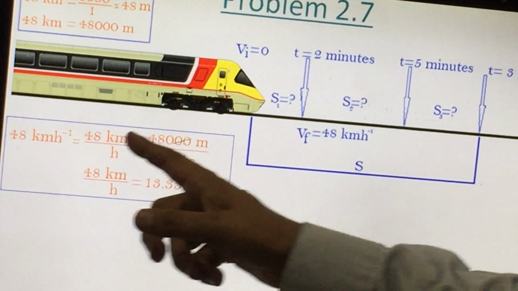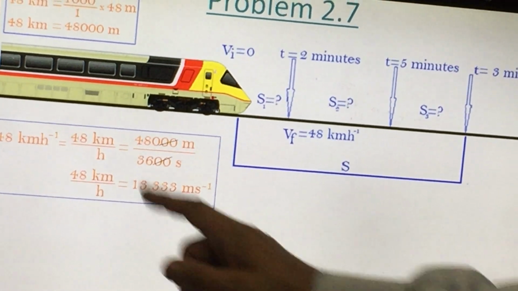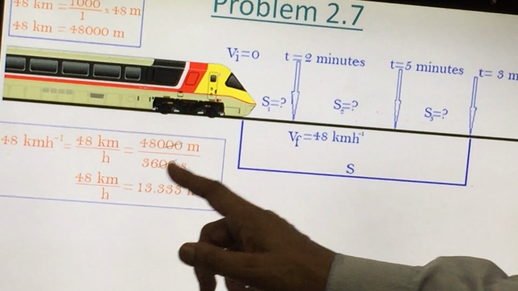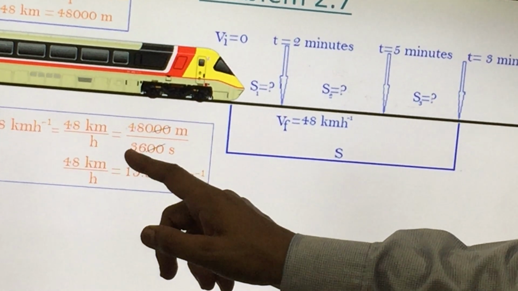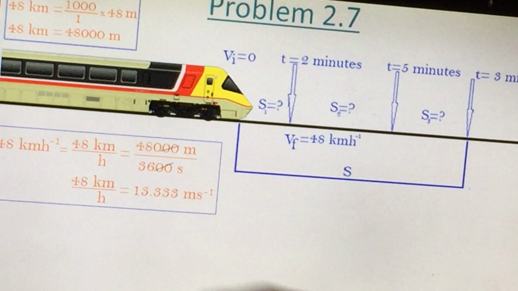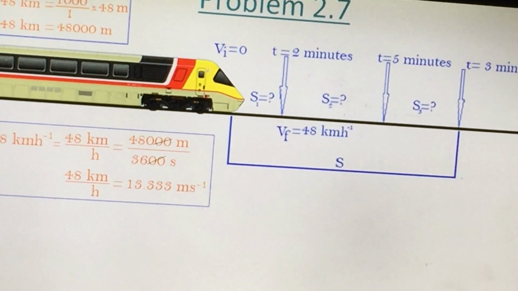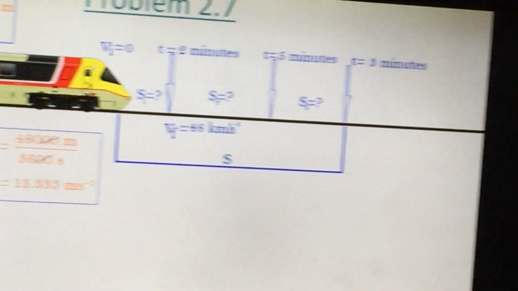48 kilometers is converted already, that is 48,000 meters, right? And 1 hour is converted into seconds, 3600 seconds. As you know, in 1 hour there are 60 minutes, and in every minute we have 60 seconds.